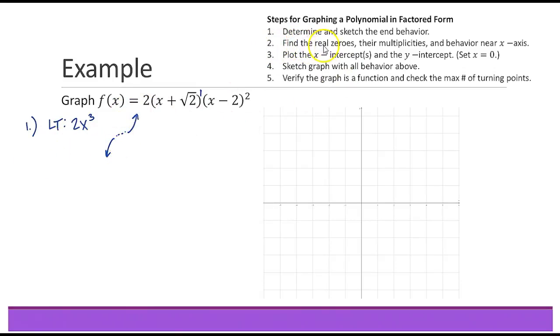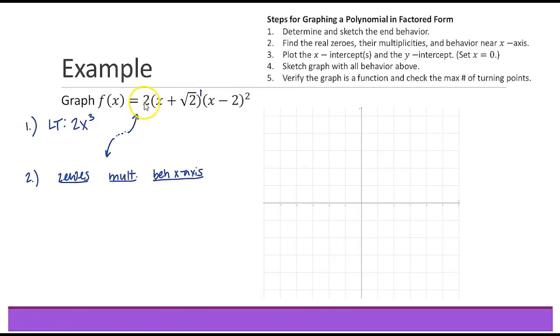Step 2, find the real zeros, their multiplicities, and behavior near the x-axis. So what we're going to do is create a little table to organize our thoughts here. I'm going to put the zeros, their corresponding multiplicities, and then their behavior near the x-axis.